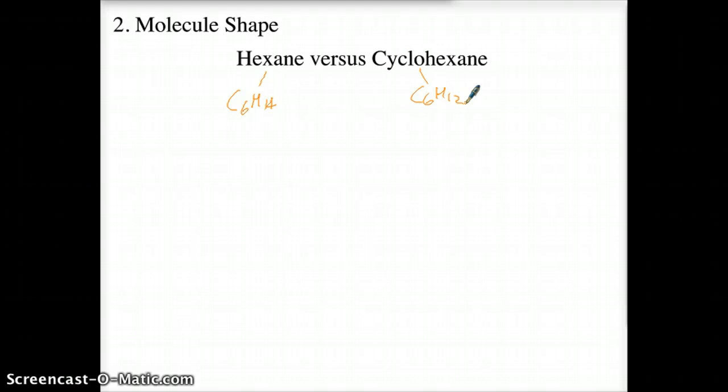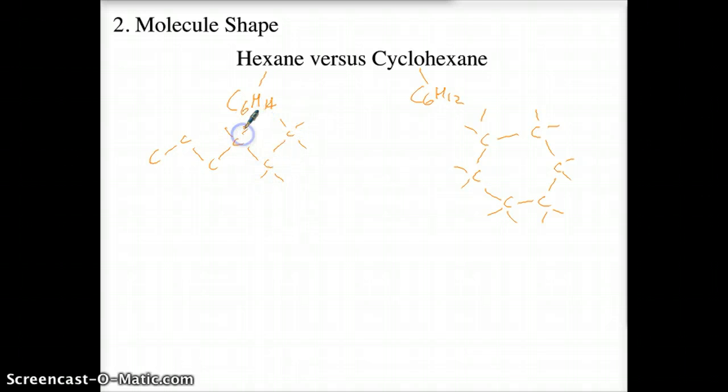If we were to draw these, cyclohexane would look like this: carbons bonded like so, and each one of these would be bonded to two hydrogens. I'm not going to take the time to draw them all right now. Hexane would just be one long chain: carbon, carbon, carbon, carbon, until we have 6 of them, with our hydrogens branched off of these carbons. Okay?